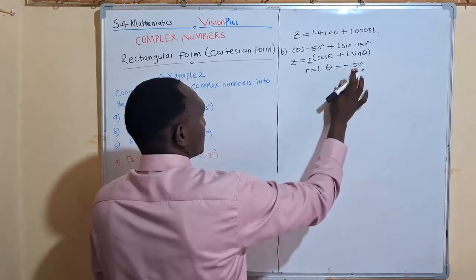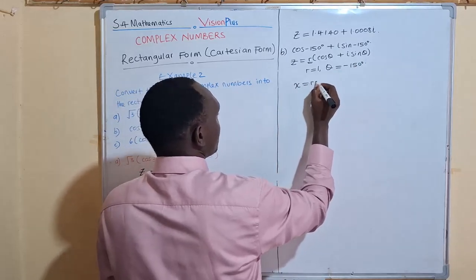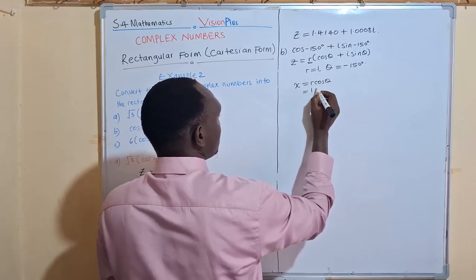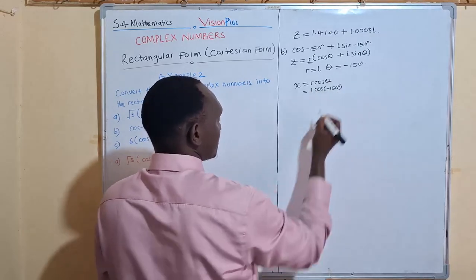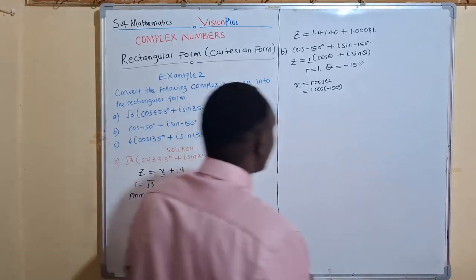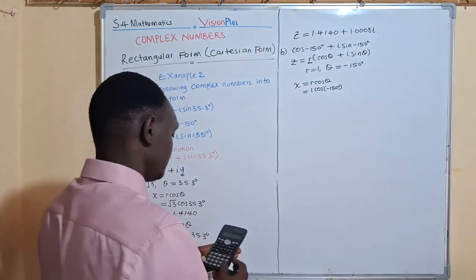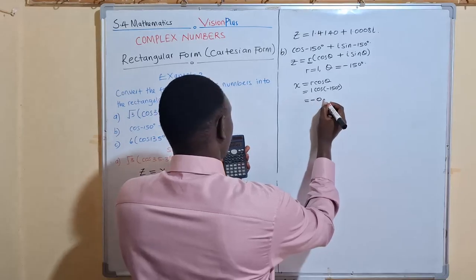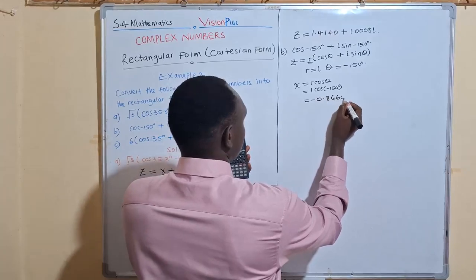After getting r and theta, then we know that x is given by r cosine of theta. This gives us 1 cosine of negative 150 degrees. Then you use your calculator. 1 times cosine of negative 150 is giving us negative 0.8660.